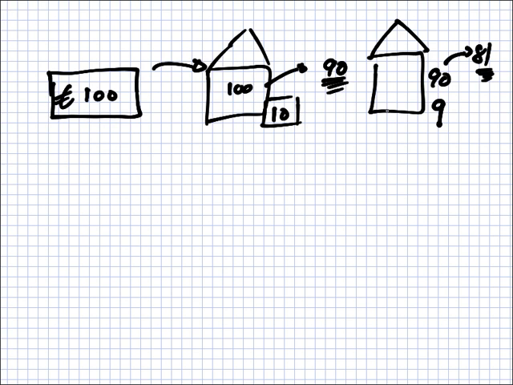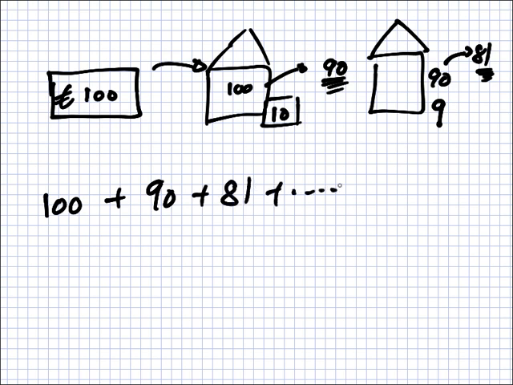Usually banks keep 10% of the money they receive as a minimum, and then lend back out the other 90%. So I would like to know how much money is now in circulation. There's the original 100 that you have on your bank balance, and then some other customer now has 90, and then some other customer now has 81.